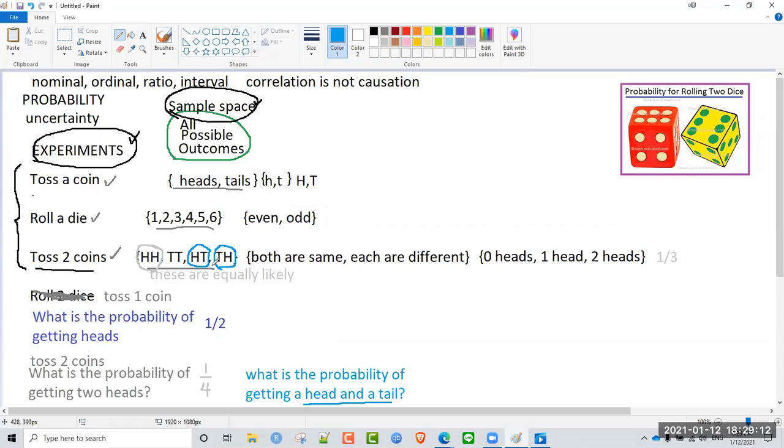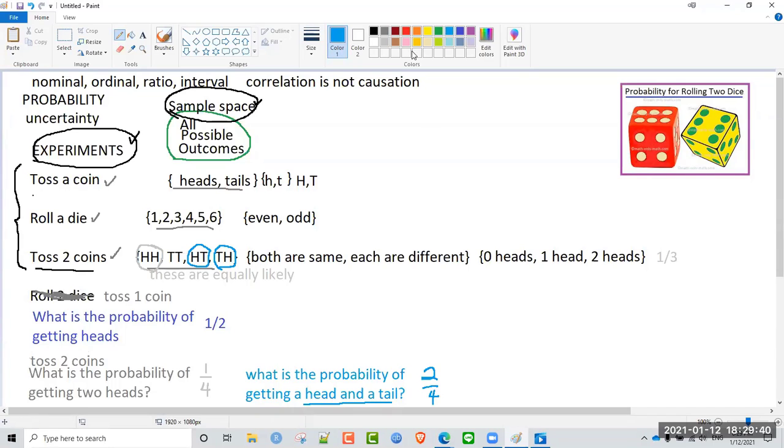And again, I said, let's assume that these are all equally likely. So if there are 2 among the 4 equally likely ways to get a head and a tail, then what's the probability of getting a head and a tail? 2/4. Half. 2 over 4, right?